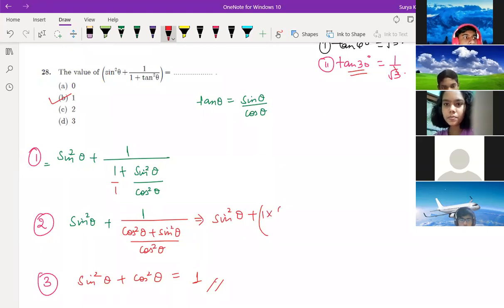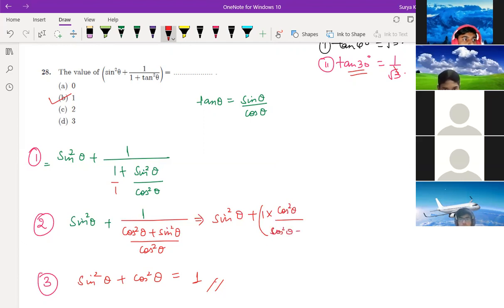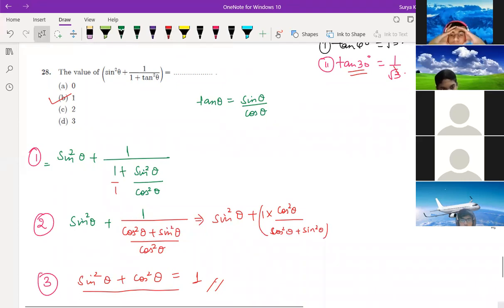Multiply by cos square theta upon cos square theta plus sine square theta. So now you can understand why it is coming as sine square theta plus cos square theta, correct? Yes, because 1 into cos square theta is cos square theta only, and divided by 1, this value is 1 over here. Chanchal?